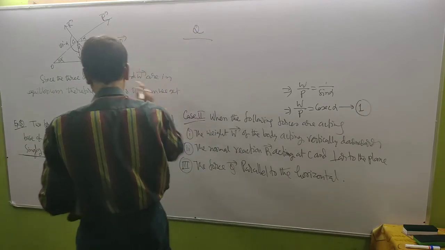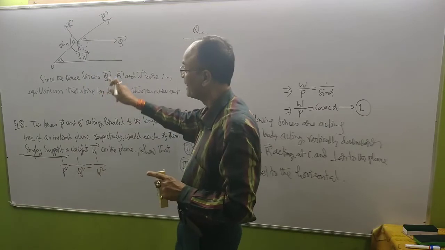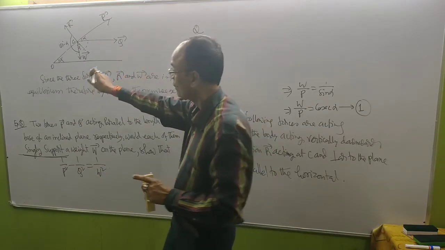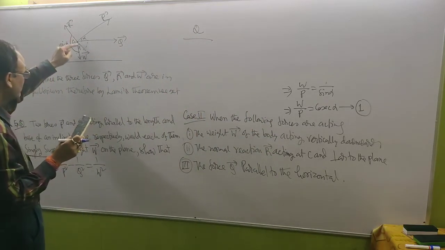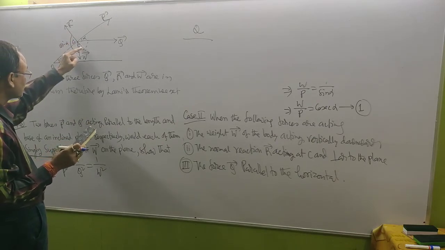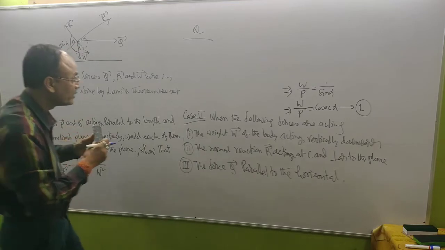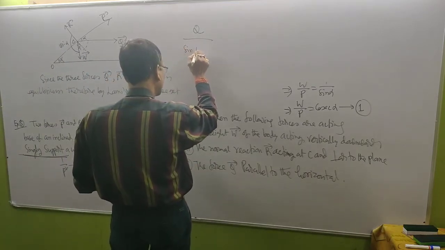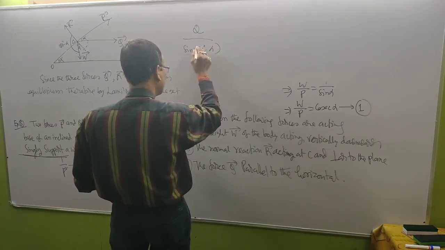Q divided by sine of the angle between R and W. This angle is alpha and the total angle is 180 degrees, so this angle will be 180 degrees minus alpha.